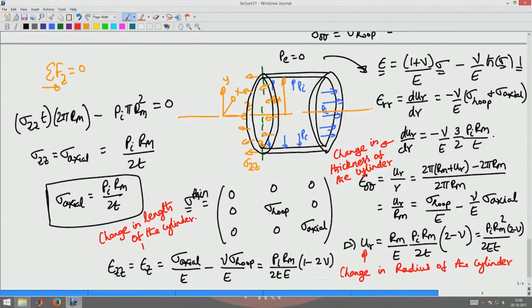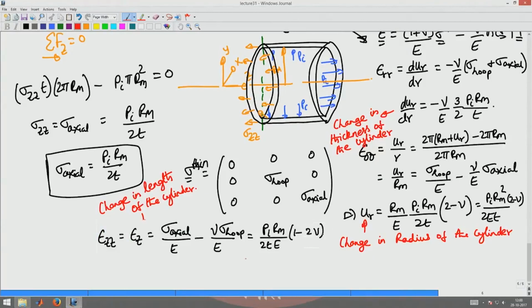Okay. So, basically we have analyzed thin wall pressure vessels. There is one more concept that you have to understand, what happens in a composite thin wall cylinder. So, let us spend some time understanding composite thin wall cylinders.